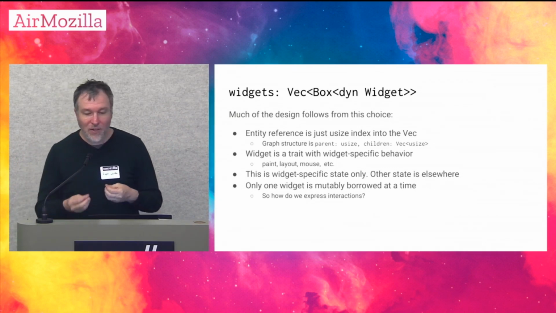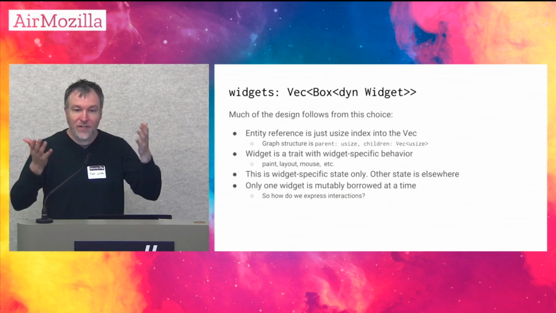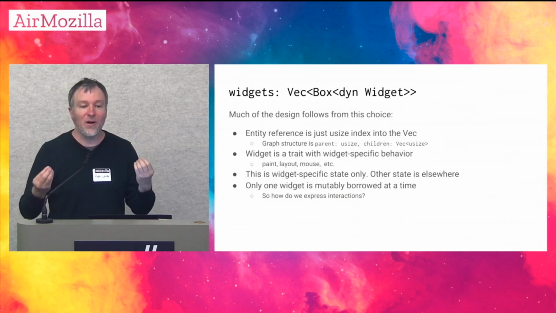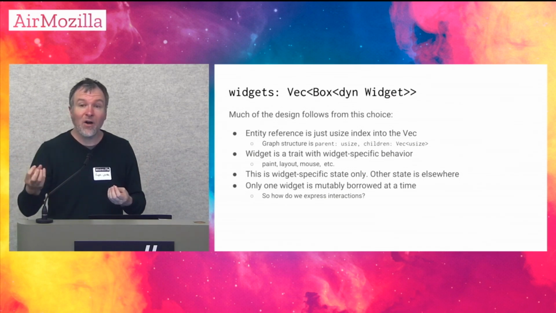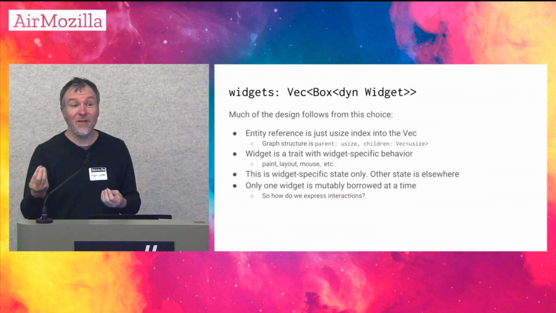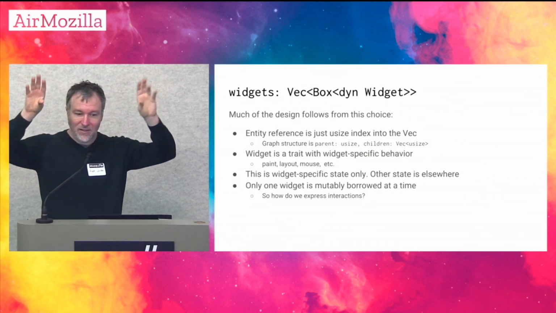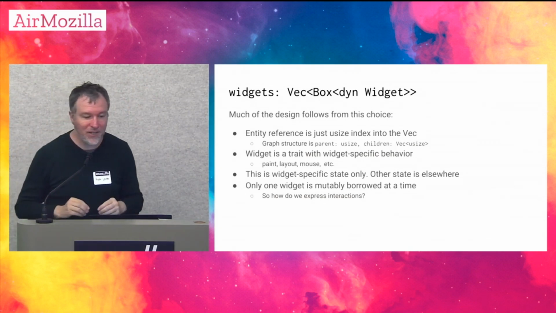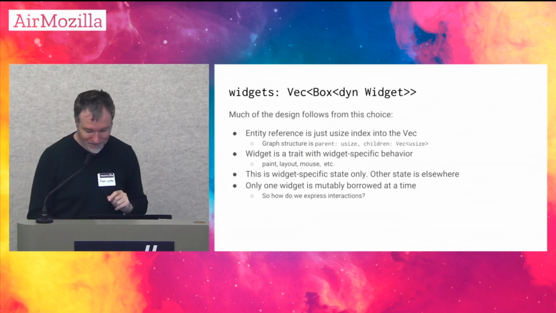And then you've also got this principle that when you're actually doing the work of the GUI, you're going through this vec and borrowing a single widget, with a single mutable reference to that widget, and only one of them at a time. So that is a little bit of a challenge. If two widgets need to interact, like if I press this button and it causes some other thing to change, how do we express that interaction? Mystery.